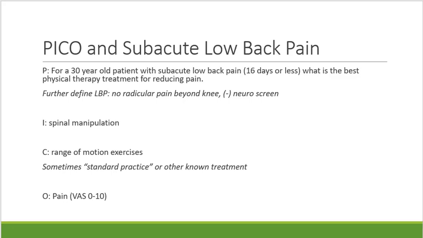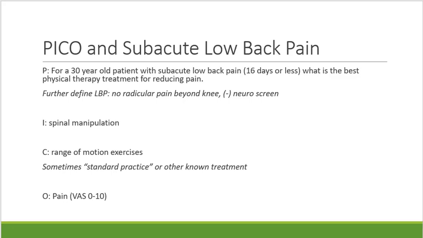Let's say I'm interested in a younger adult versus an older adult. So for a 30-year-old patient with subacute low back pain, let's say 16 days or less, what is the best physical therapy treatment for reducing pain? I could further define it, stating no radicular pain beyond the knee and a negative neuro screen.